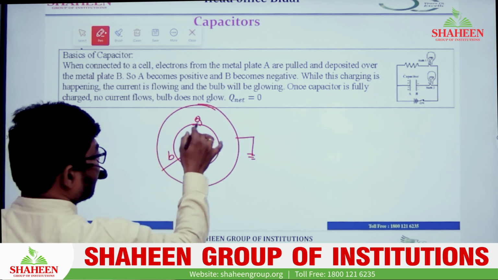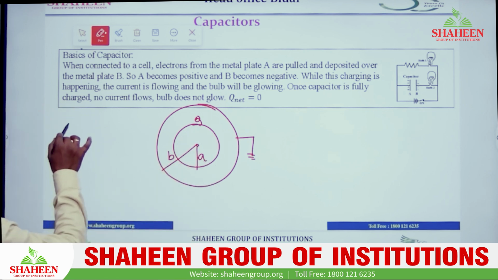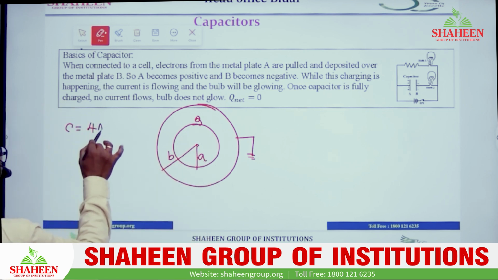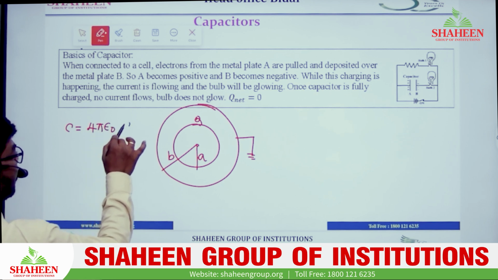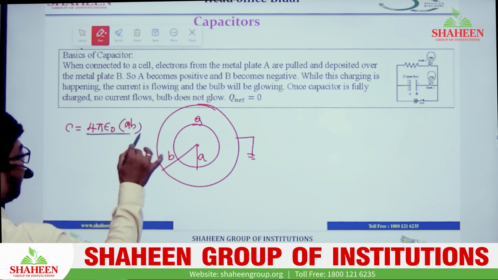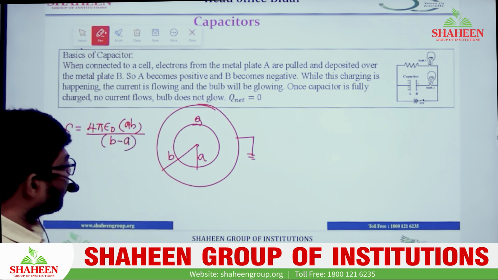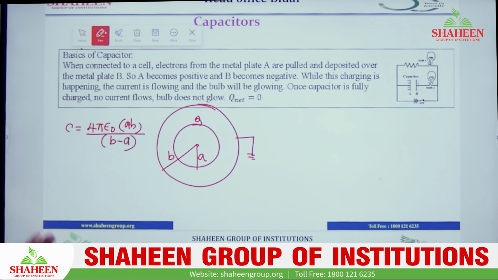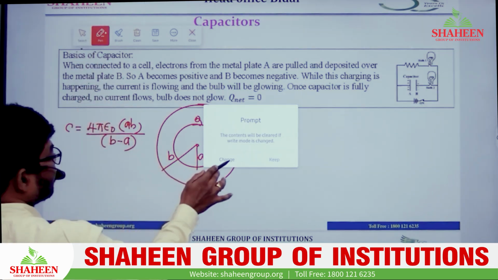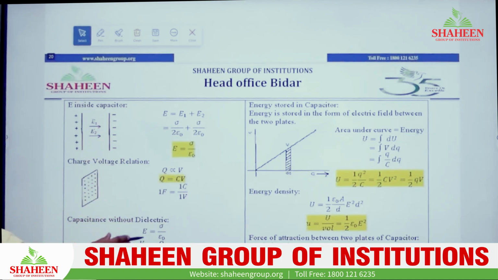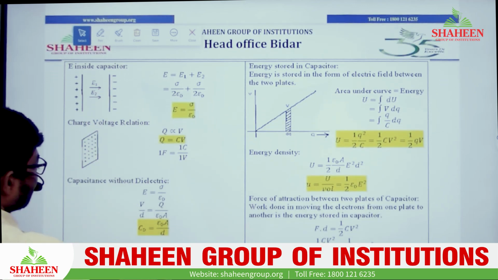The capacitance of this capacitor is C is equal to 4 pi epsilon naught into a b upon b minus a. This is the capacitance of a spherical capacitor.